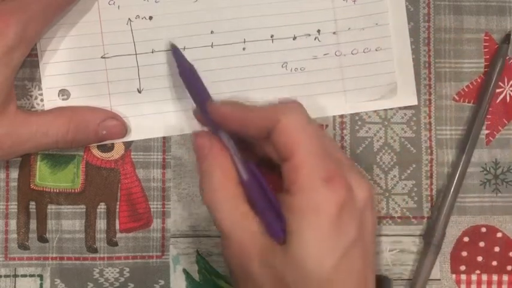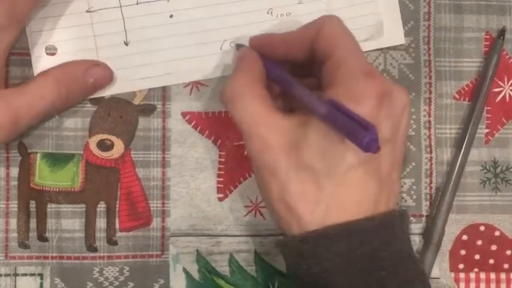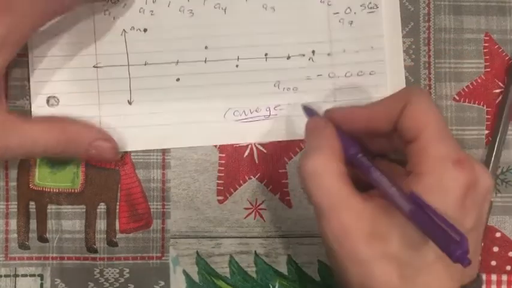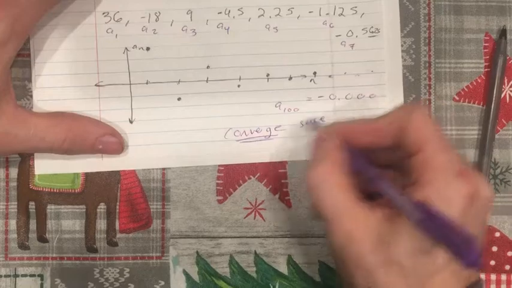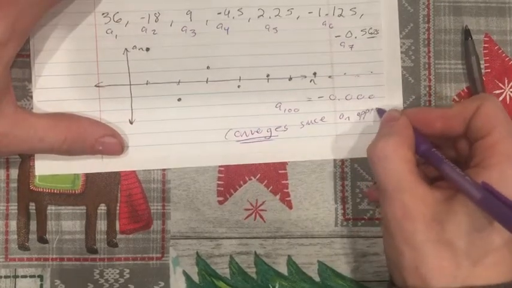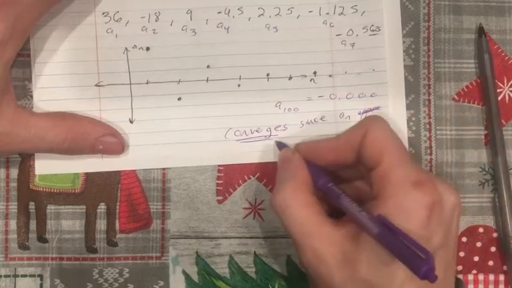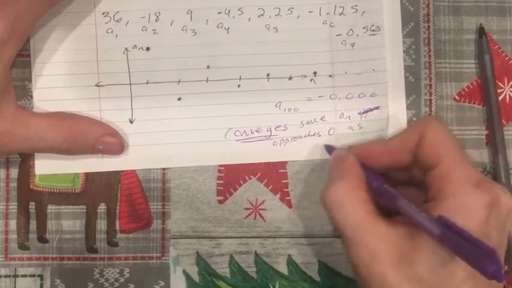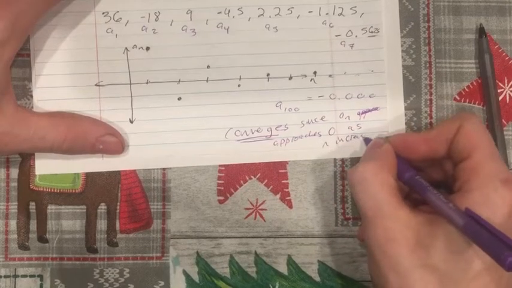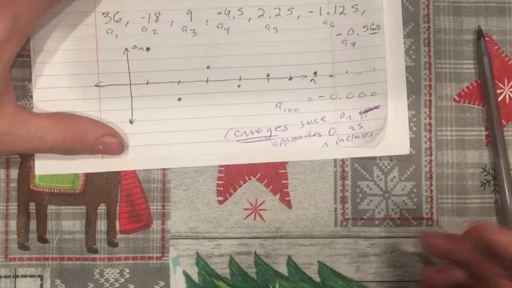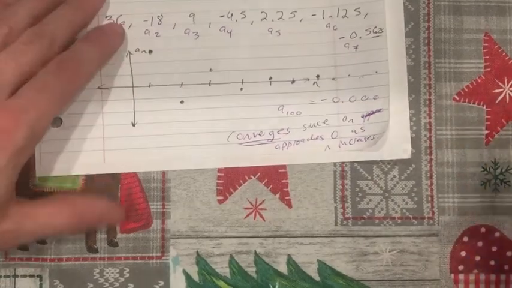So yes, this graph does converge, since a sub n approaches 0 as n increases. So that's a convergent sequence. Well, let's do one more of those.